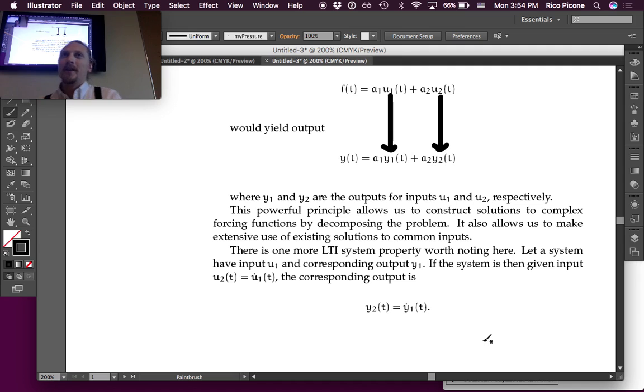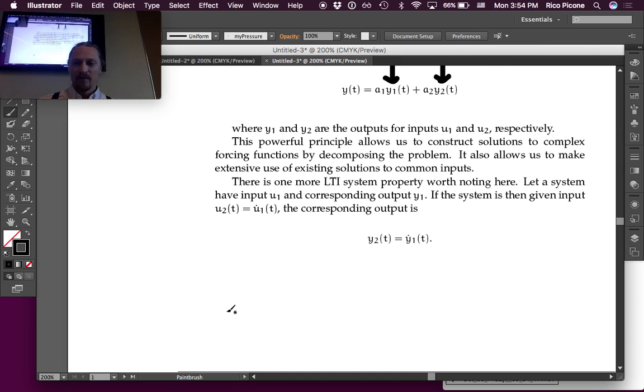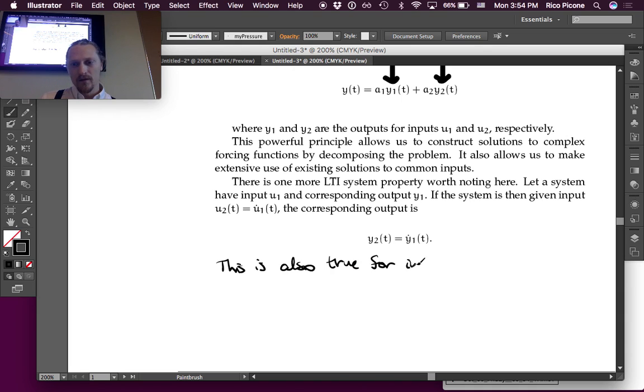So whatever you do to the input, essentially you do the same thing to the output, and you don't have to resolve the problem. And that works for scaling, summing, taking the derivative. It also works for the integration. I didn't say that. This is also true for integration.